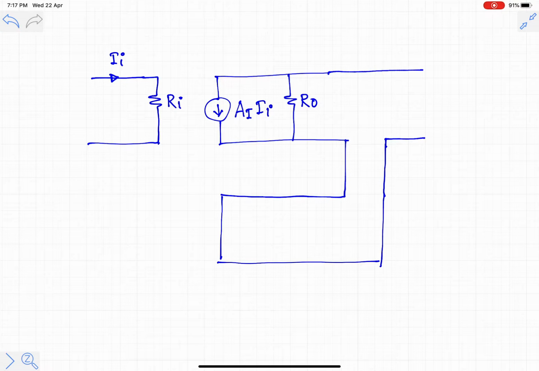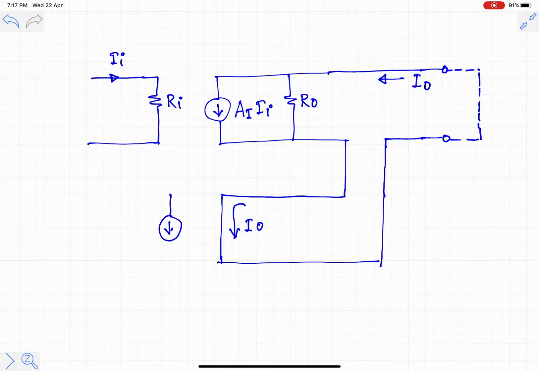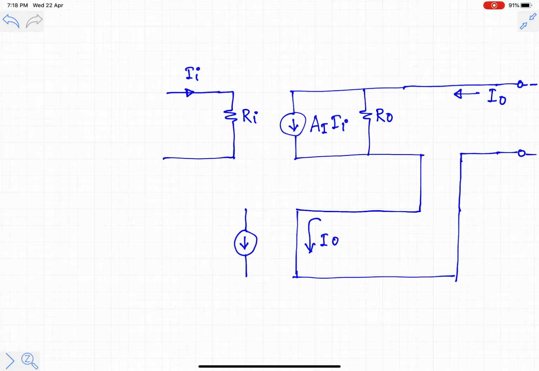So this is the feedback, and this is the ideal feedback network. Its input impedance is 0. So ideally we assume the output terminals of the overall amplifier to be short circuited, and the current flowing through this is equal to Io or I out. So same current will flow through this Io. Output side of the feedback network is a current controlled current source, because output quantity is also current for a feedback network. The input quantity to the feed forward amplifier is a current, so we can only subtract current.